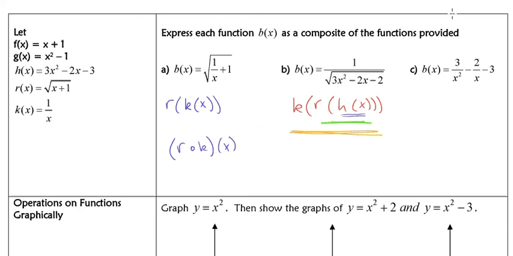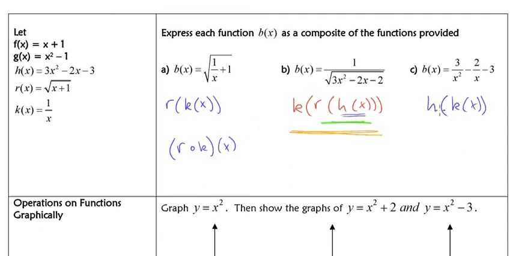So I know h is involved here, and h is going to be my outer function. So h of, but what's happening to my x? Well, it looks like my x value is actually getting dropped down to the denominator. And so how would that happen? Well, if I took the k function. So h of k of x.